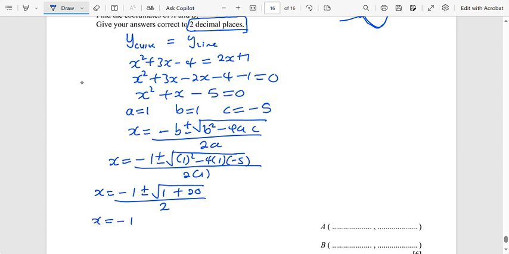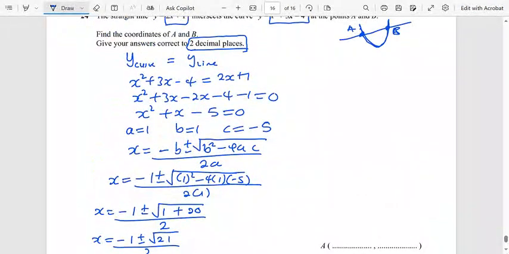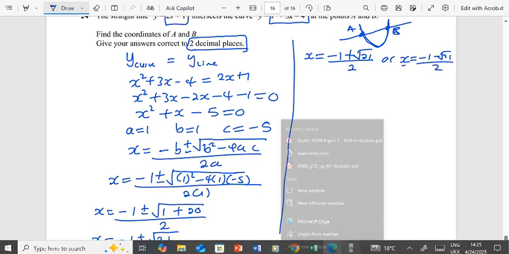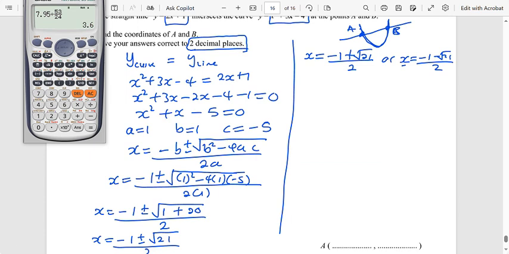So x is equal to minus 1 plus or minus the square root of 21 over 2. So the first coordinate would be x is equal to minus 1 plus the square root of 21 over 2, or the second one would be x is equal to minus 1 minus the square root of 21 over 2. So I might need the help of a calculator.